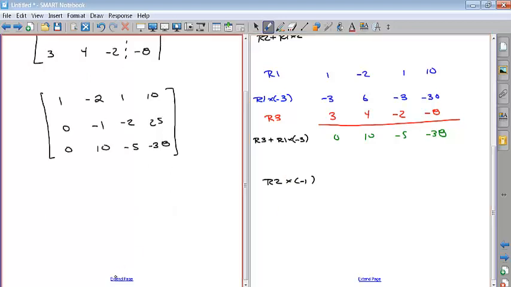So let's go ahead and do that. The reason I did that is because I'm trying to get a 1 here, and I have a negative 1. If I just change the sign of everything in that row, then now I have 1.